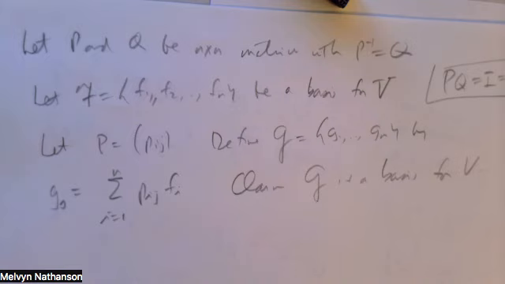QP is the identity. That's V sub G. So if I take the vector F1, the coordinate vector for F1 with respect to the basis F is just 1 and then all zeros.